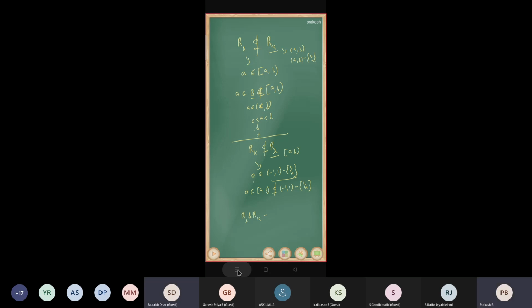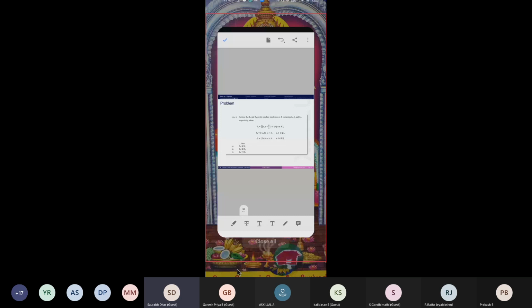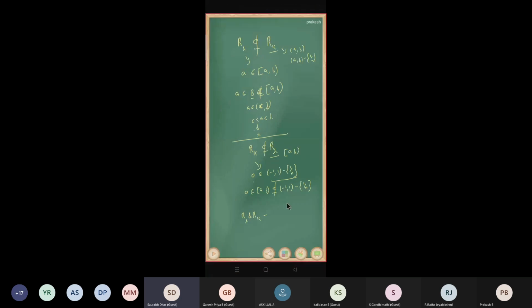Sir, here, if I take R_U instead of R_L, then because 1/n converges to 0 in R_U to the left, I think that will be comparable at that time, right? So in R_U, we can find that minus 1 to 0 closed will get open, right? You're right.